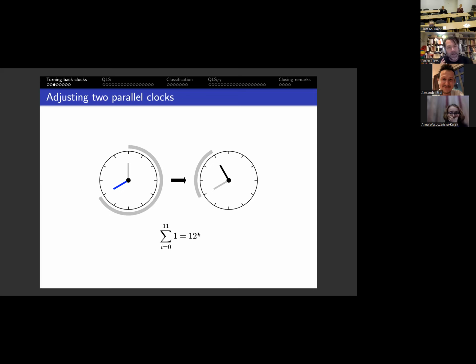Now I want to do the same. I want to make sure that the visible hand on my clock, the one to the right, is moved from 12 to 11. But now I have several ways of doing it, because if I move the hand on the invisible clock, for instance from 12 until 8, then the other hand follows along, there's a mechanism that makes that happen, right?